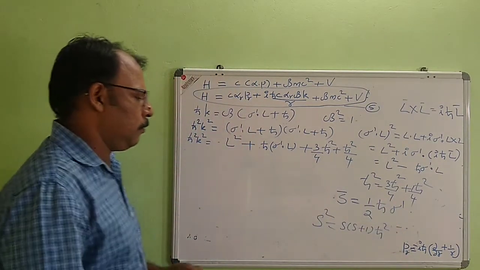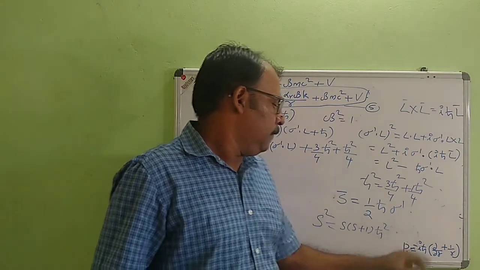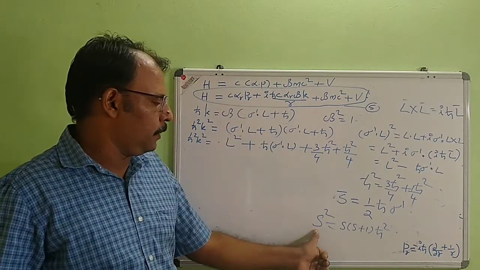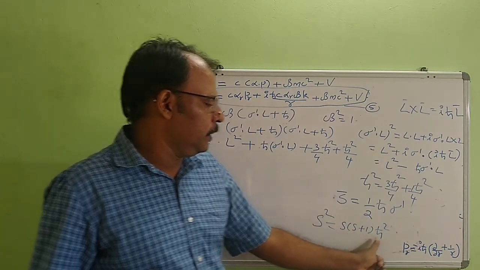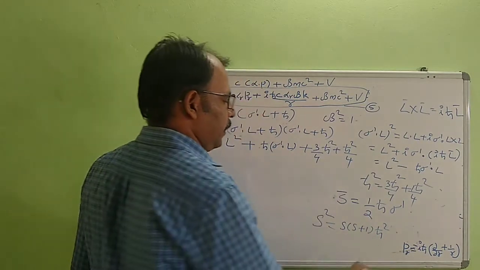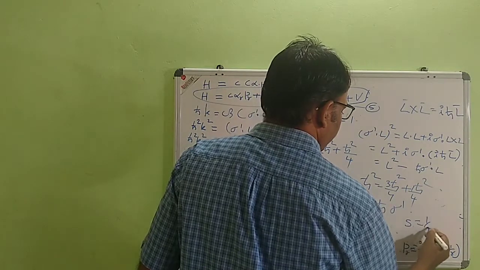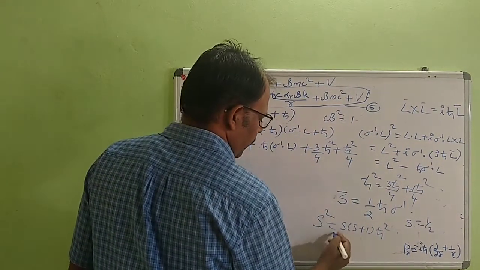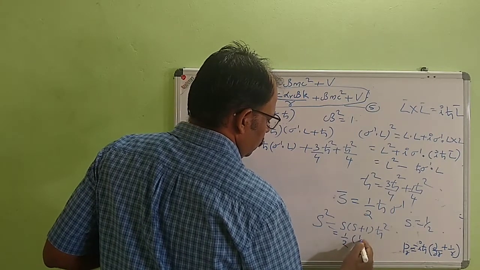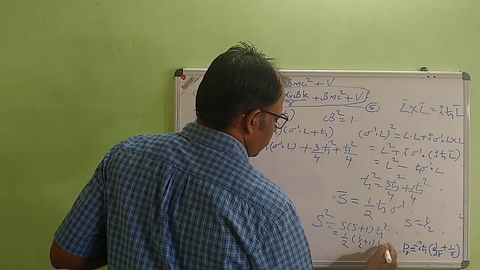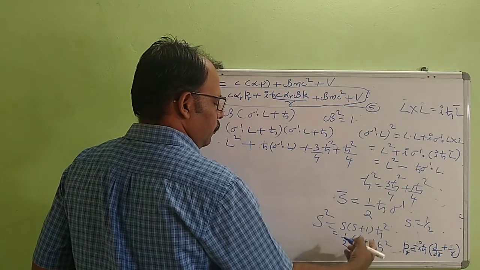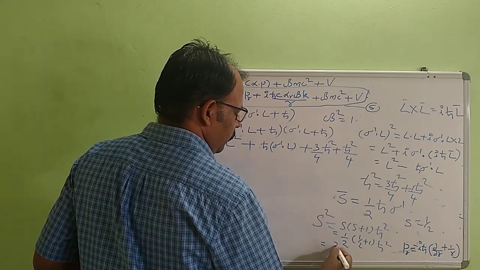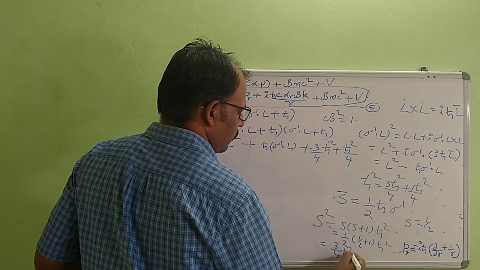In the chapter angular momentum, we have obtained the eigenvalues of spin angular momentum operator s square equal to s into s plus 1 h bar square, where spin quantum number s is equal to 1 by 2. So this will be 1 by 2 into 1 by 2 plus 1 h bar square, 1 by 2 into 3 by 2 h bar square, it is 3 by 4 h bar square.